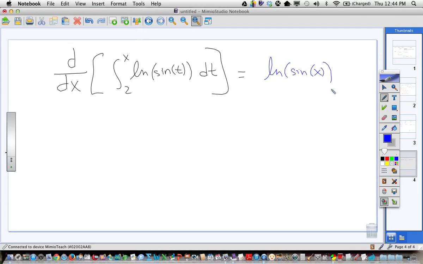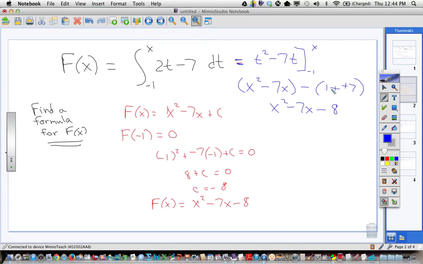Now, it's a little bit like this problem here, except we weren't doing the derivative of it, right? And again, you can see why you get that same thing, because if I had asked you to do the derivative of this, it would have been what? 2x minus 7. Look what we had for big F right here. Do the derivative of it. 2x minus 7, right?